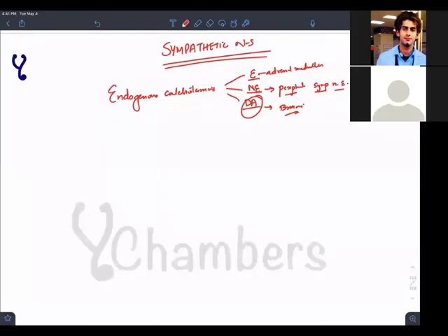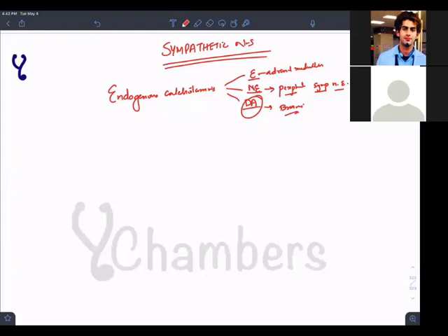Now once these catecholamines have been produced, they should be exhibiting some systemic effects. They should be changing the normal physiology. Basically, they are part of normal physiology, but they will be changing the physiology.